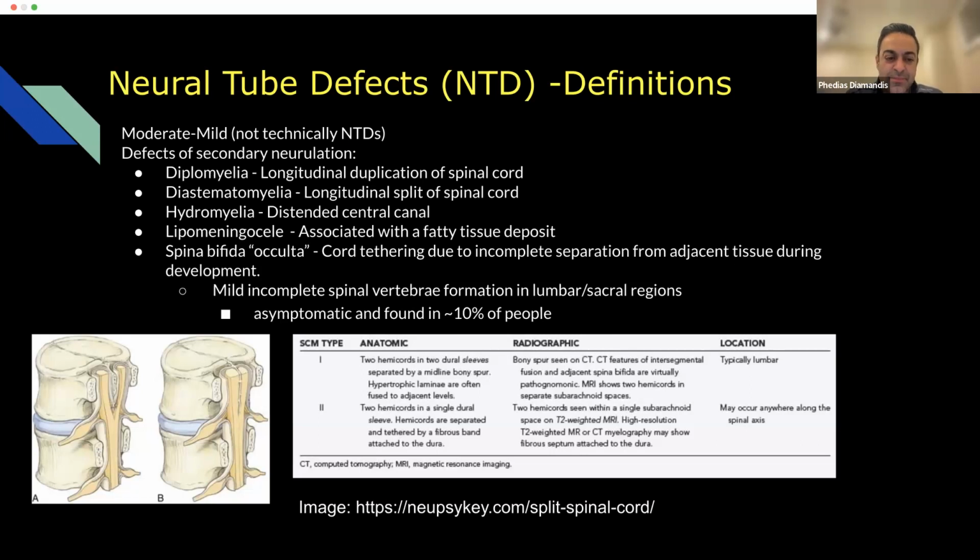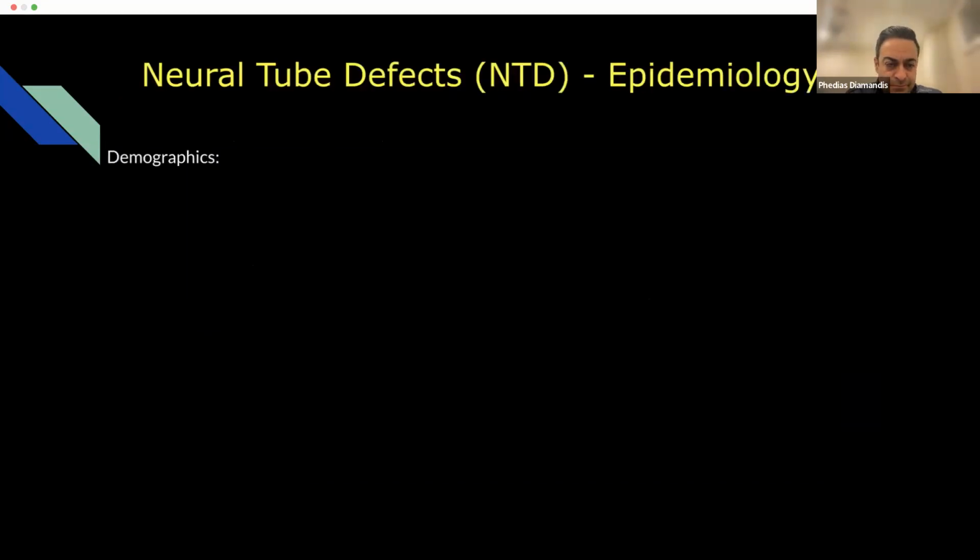Here you have two separate dural sacs and two separate cords, but there are also variants where you can have a single dural sac and the fibrous tissue being the element that is leading to the duplication of the process instead of the bony element. So different variants, again, that can occur within this spectrum of disorders.